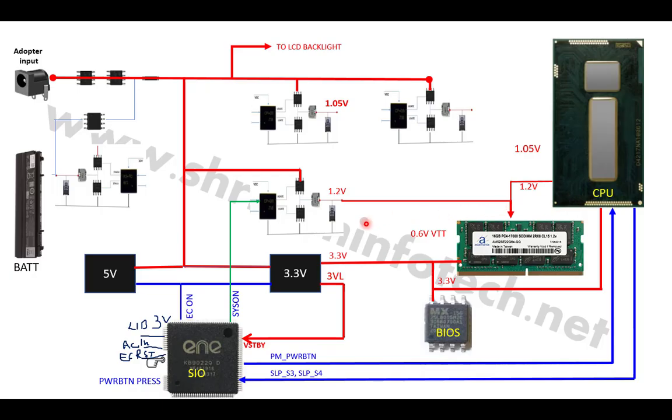Then the next signal is called the SUSP signal, suspend on signal, and that SUSP signal generates a 1.05 voltage that goes again to the CPU, and it turns on the RAM VDD supply also. This 1.05 voltage goes to the SOC or the CPU.